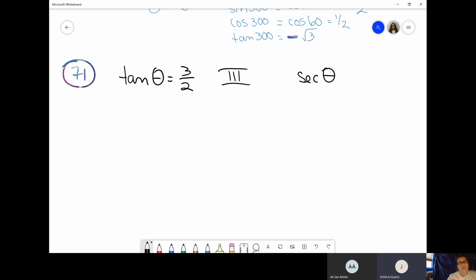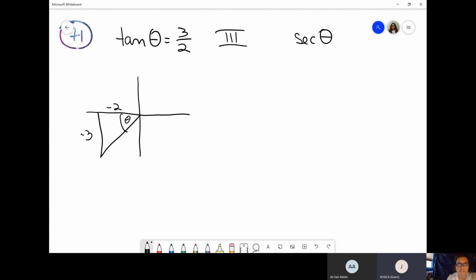Okay, so they're both negative. You got it. So first of all we draw a little graph. We are in quadrant 3, and you are exactly correct, they are both negative. So opposite over adjacent: this would be -3, and this is -2. That is the relationship given from the book.